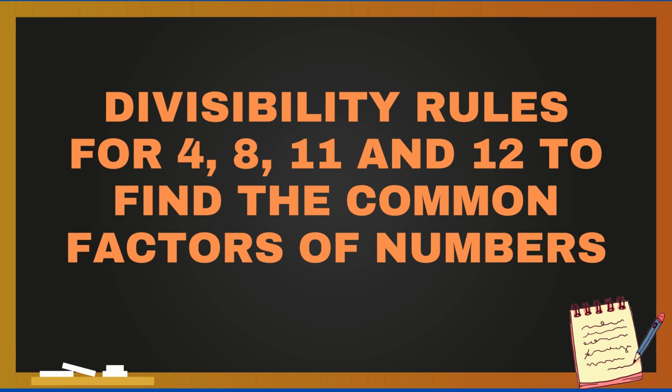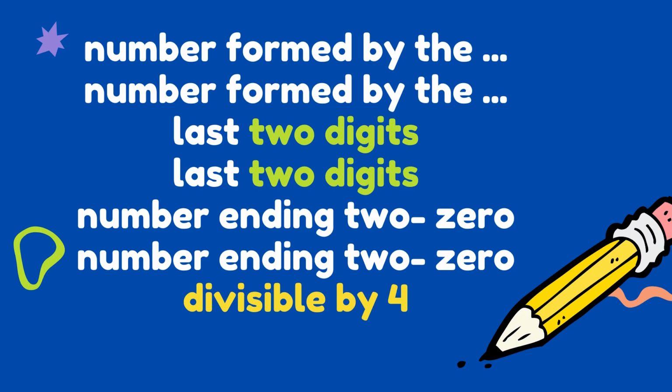For our proper discussion, we're going to tackle divisibility rules for 4, 8, 11, and 12 to find the common factors of numbers. Number formed by the last two digits, number ending 20, divisible by 4.